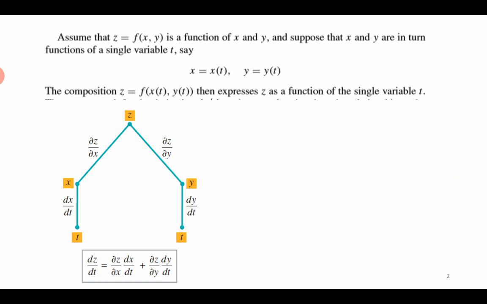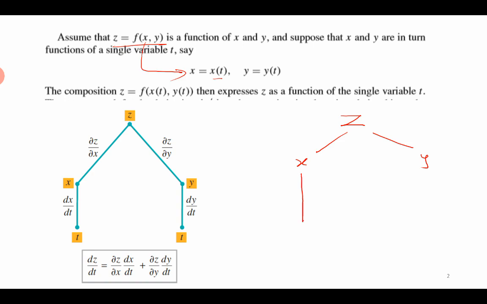We will now derive a version of the chain rule for functions of two variables. Assuming that z is a function of two variables x and y, whereas every variable x is a function of a new variable t. So remember, here it's given that z is a function of two variables x and y.